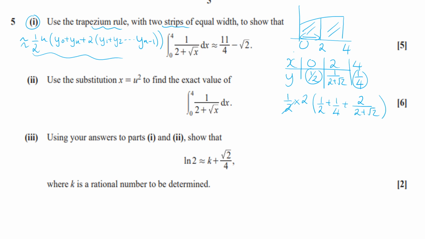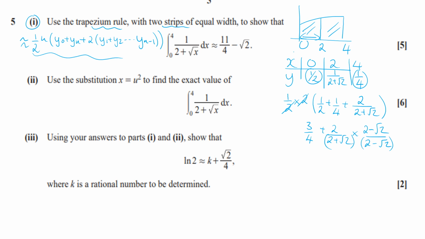So these 2's on the front are going to cancel. A half plus a quarter is 3/4, and then what we need to do is rationalize the denominator, so times it by 2 minus root 2 over 2 minus root 2.